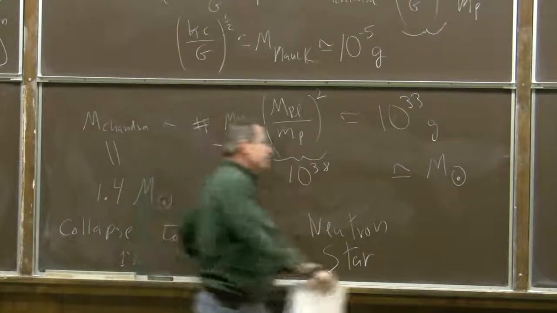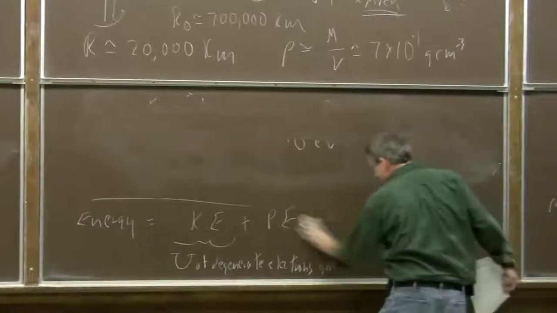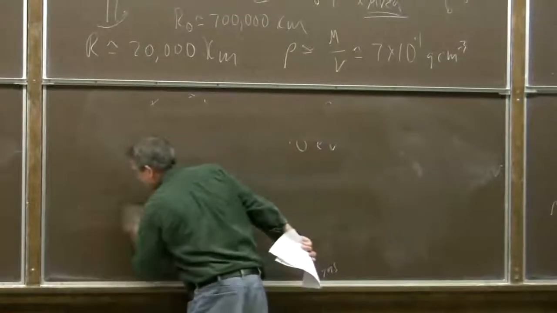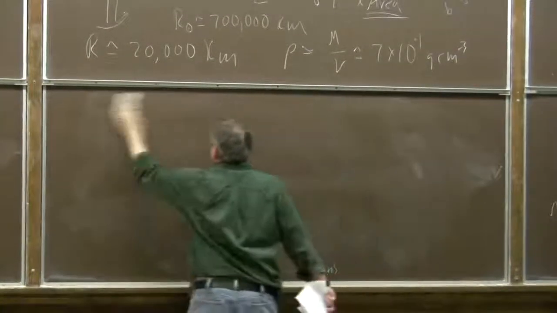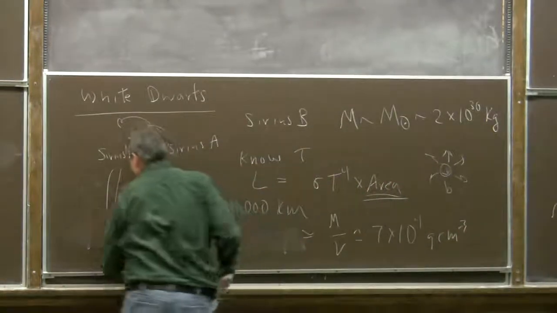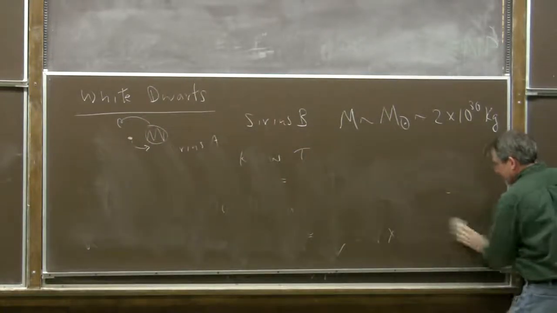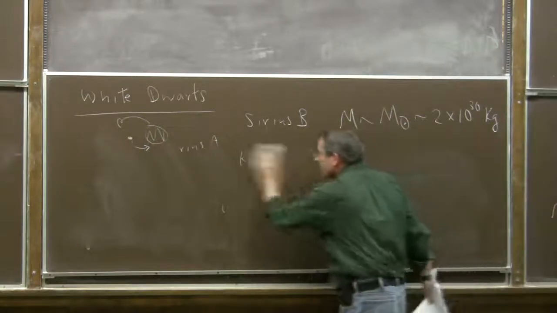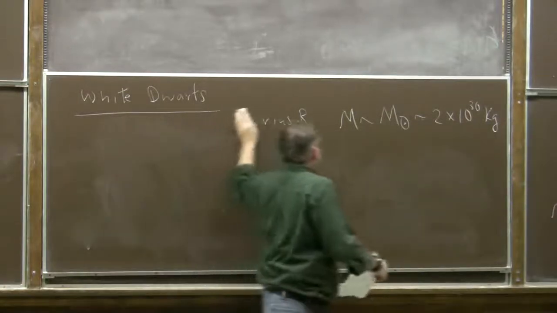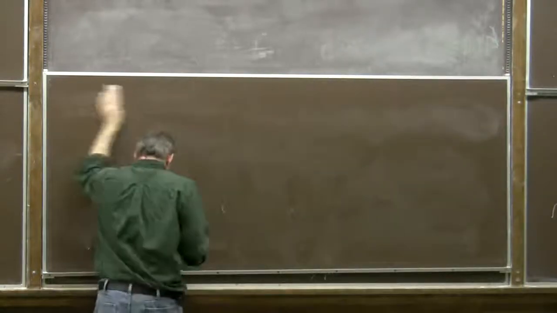They have very high Fermi energy. They'd like to get to a lower energy state. And there's a way for them to do that.